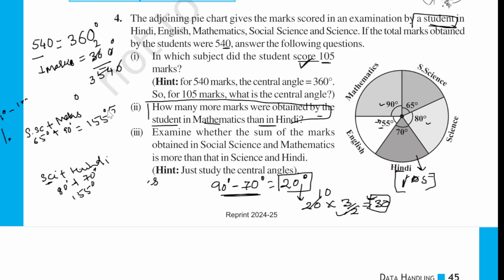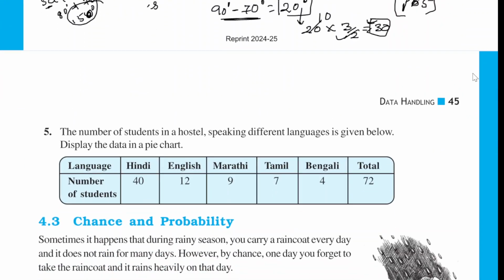So clearly the central angle for social science and maths, 155, is more than that for science and Hindi. So yes, he is getting more marks in social science and mathematics than in science and Hindi. Just by studying the central angles, we got this information.